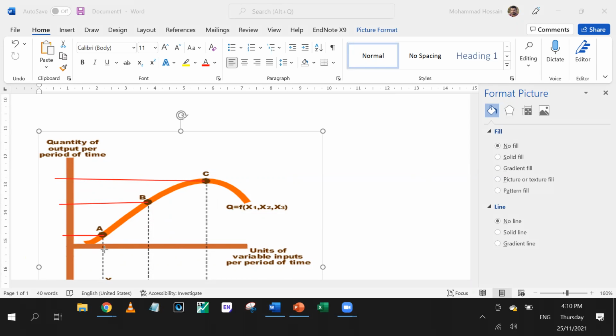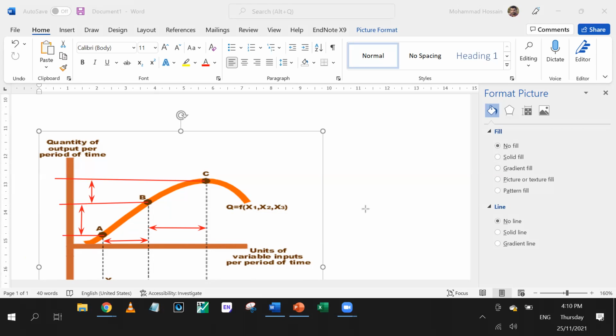Then you see point B, your input is from here to here, this much, but look at the output, almost the same. But in the third case, input is this much, but output is not that much. Output is low.